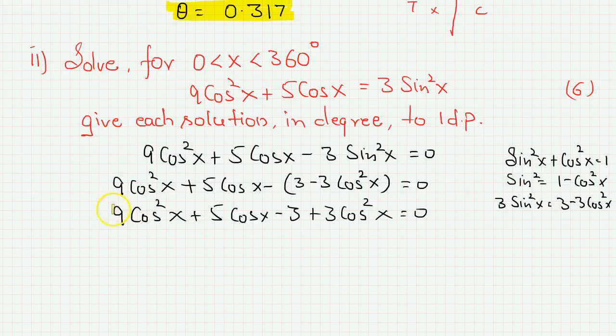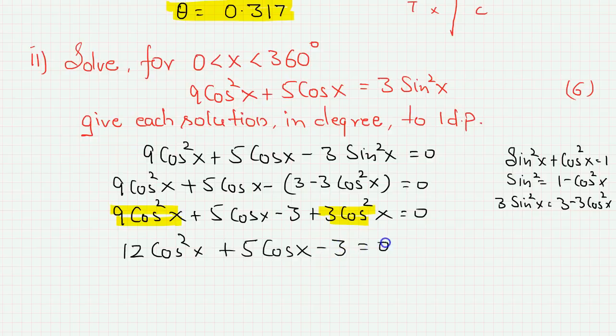Now these are the like terms, 9 cos square x and 3 cos square x. So that is 12 cos square x plus 5 cos x minus 3 is equal to 0.